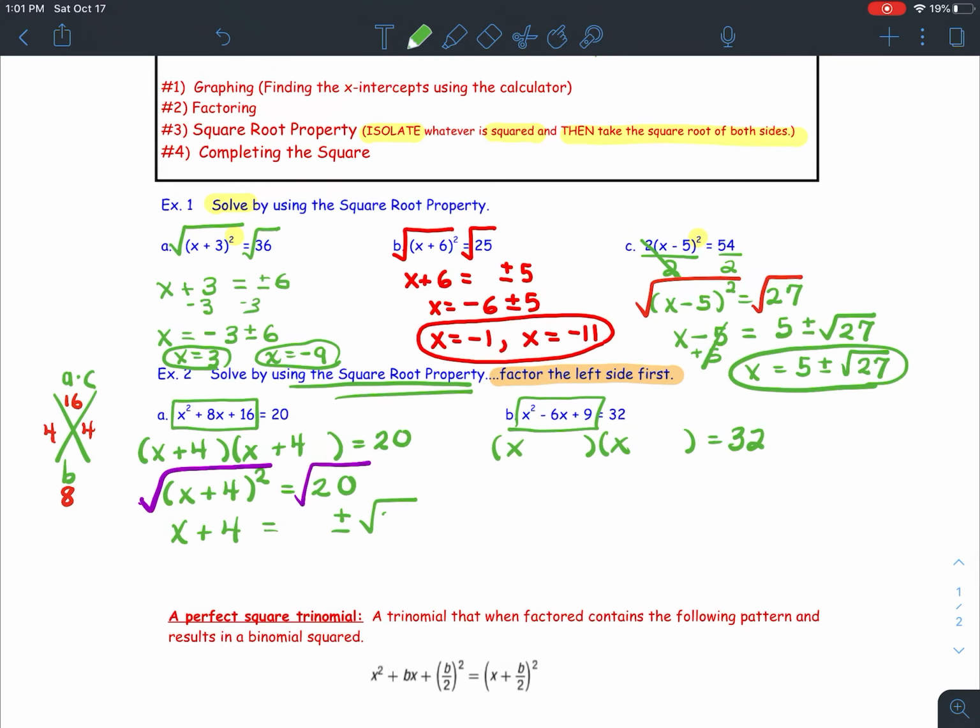That gets rid of the exponent on the left. 20 is not a perfect square, so I'm going to leave it underneath the square root symbol, put a plus or minus in front. I'm going to squeeze that -4 when I bring it over to the right side. I'm going to put it right in front of the plus or minus. That's as far as I can go with this. If I were to type this into the calculator, I'd have no choice but to round my answer, and I do not want you rounding these answers, please.